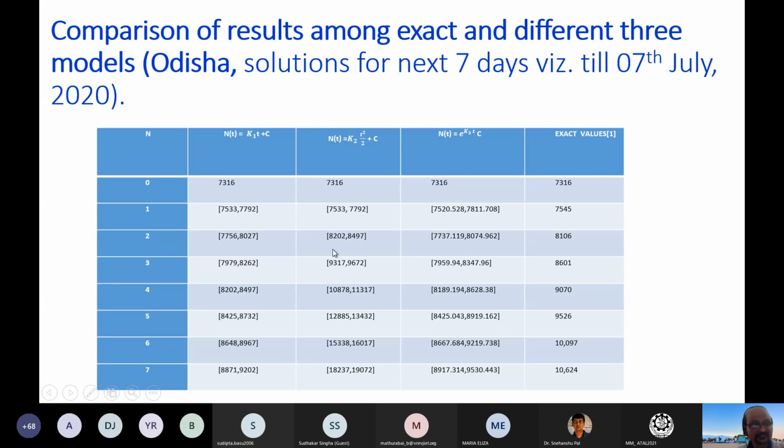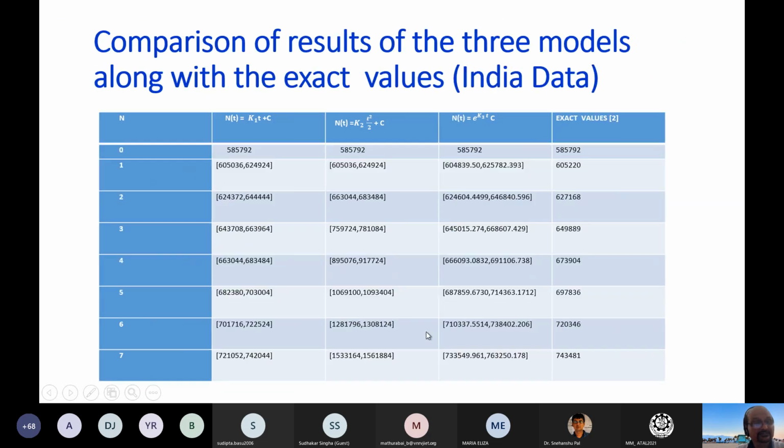Using those data, these are the estimations we have done for the next 7 days using Odisha data from 2020. This table shows that. The next table is for India data. Here, the first day, 1st July, is 605220. Again, it lies in the exponential one.